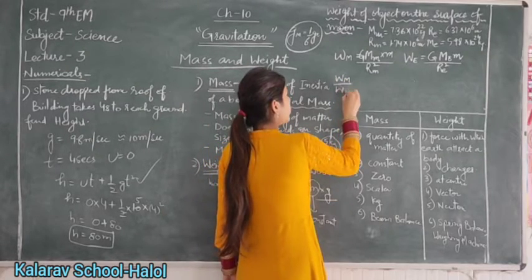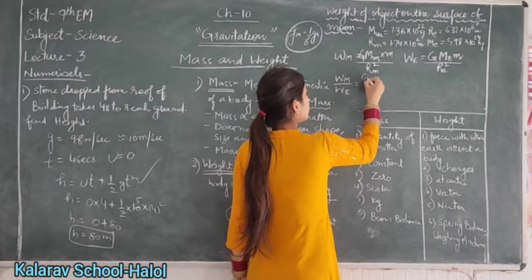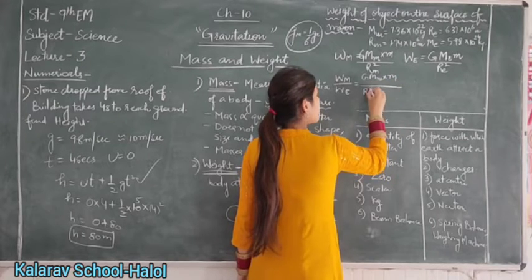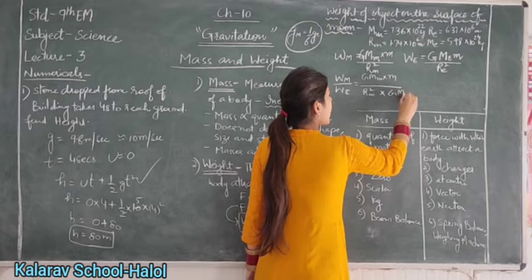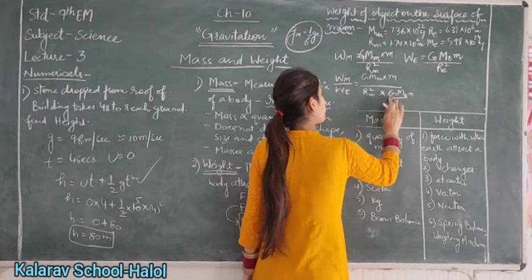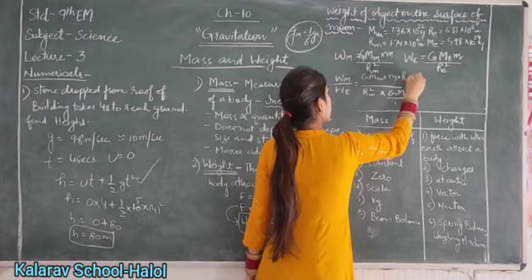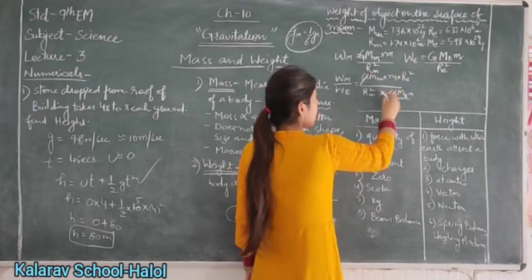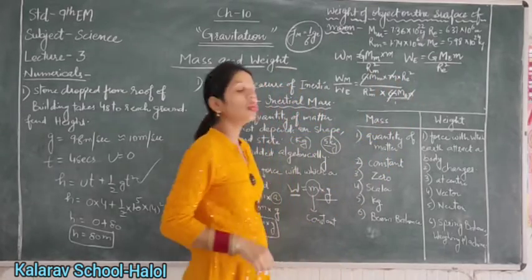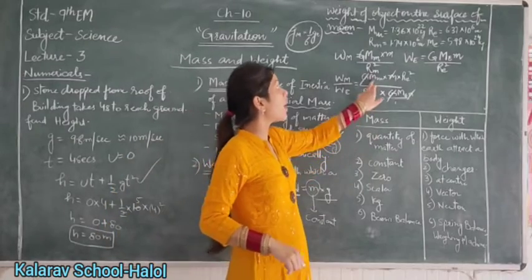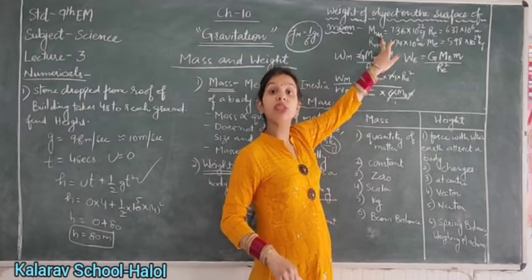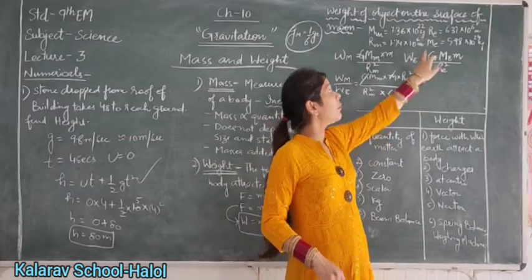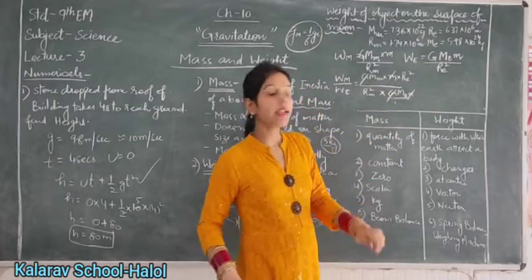Wm upon We is G Mm m upon Rm square, into G Me m upon Re square. Here G cancels, and m is the same object. Now substitute the values. I have given the values: Mm, the mass of moon, Rm, the radius of moon, Me, the mass of earth, and Re, the radius of earth.